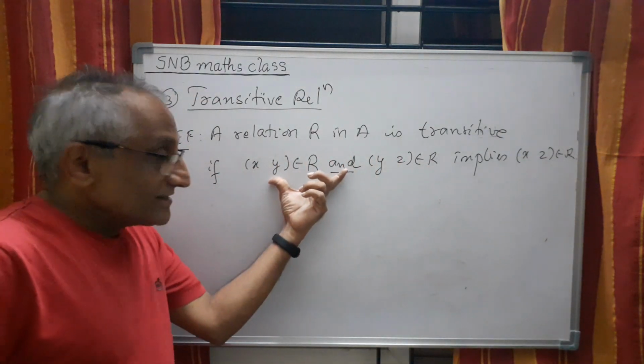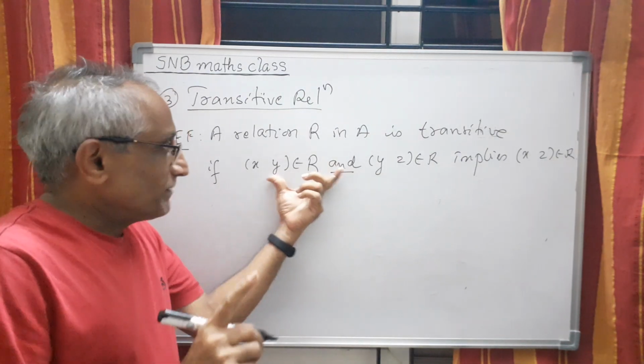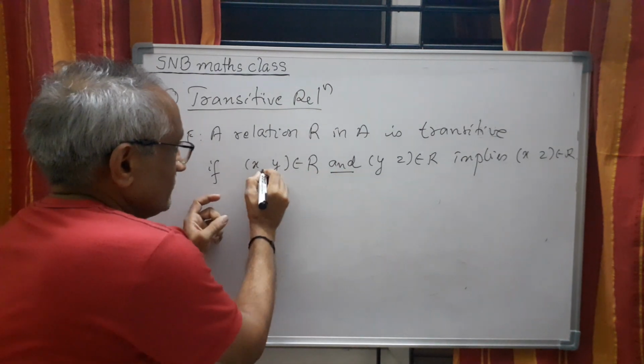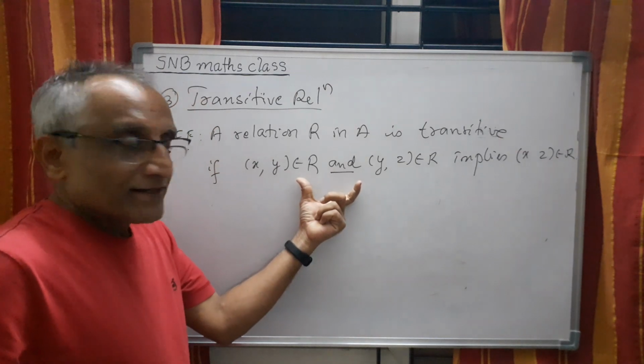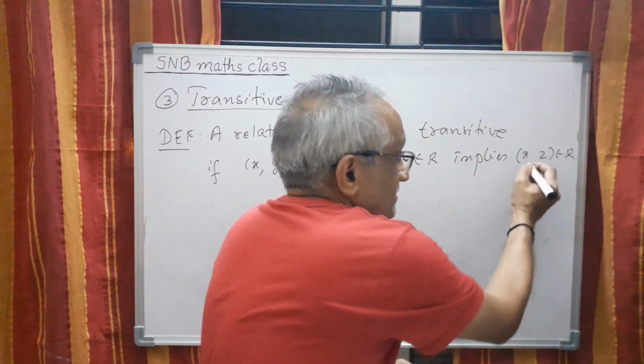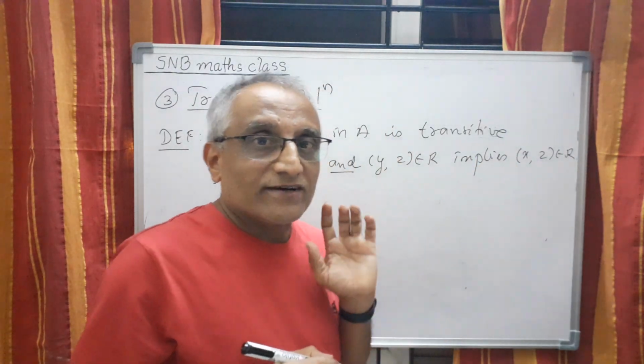If two pairs (x, y) and (y, z) are there, then the pair (x, z) must be there. Then it is called transitive.